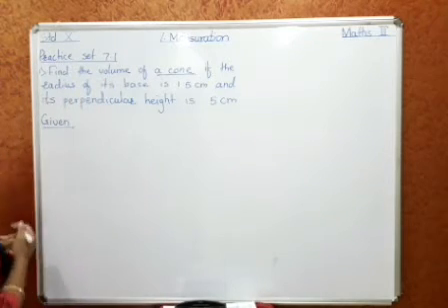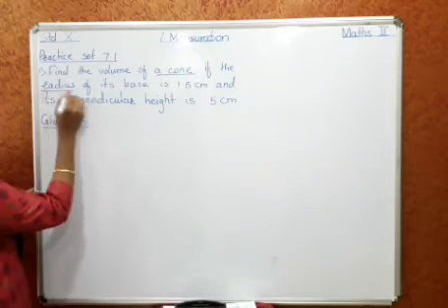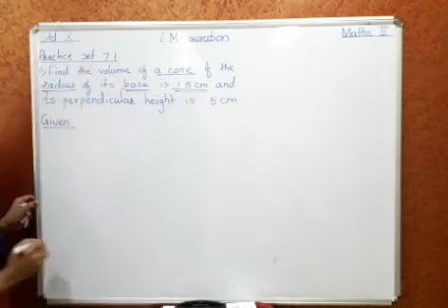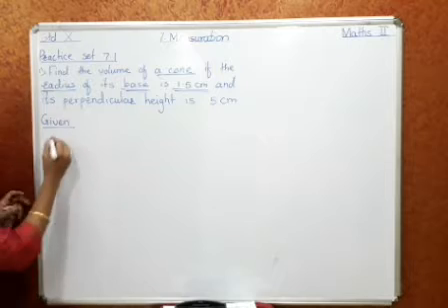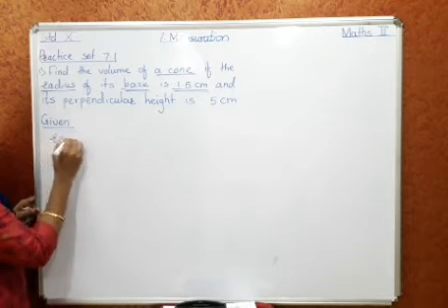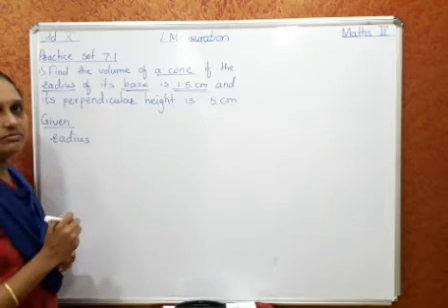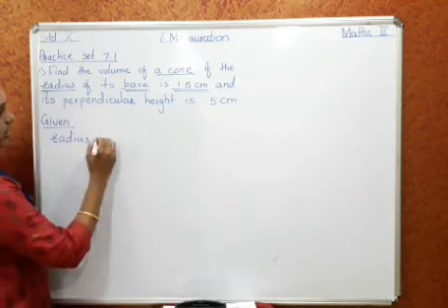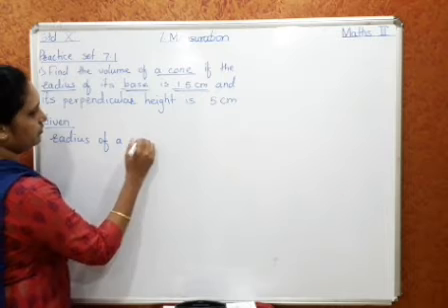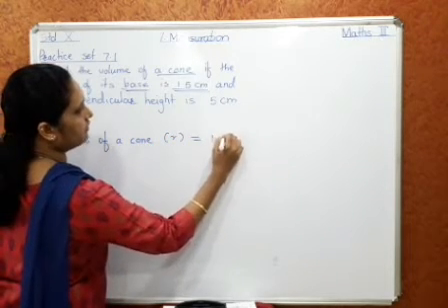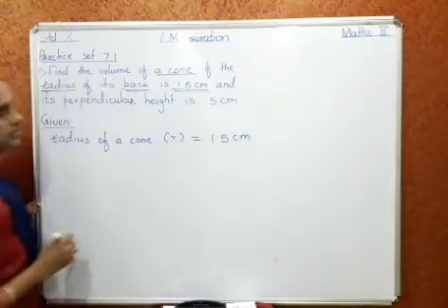If you observe, radius of its base is given, 1.5 centimeter, so we'll write that first. Radius we always denote with the letter R. So radius of a cone, R equal to 1.5 centimeter.